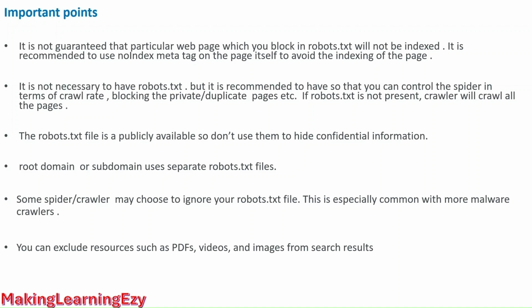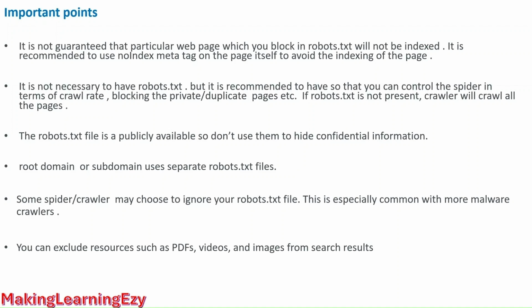Robots.txt is a publicly available or accessible file, so don't use it to hide confidential information. For example, there is a PDF which contains customer information and you have put the PDF URL in the robots.txt.